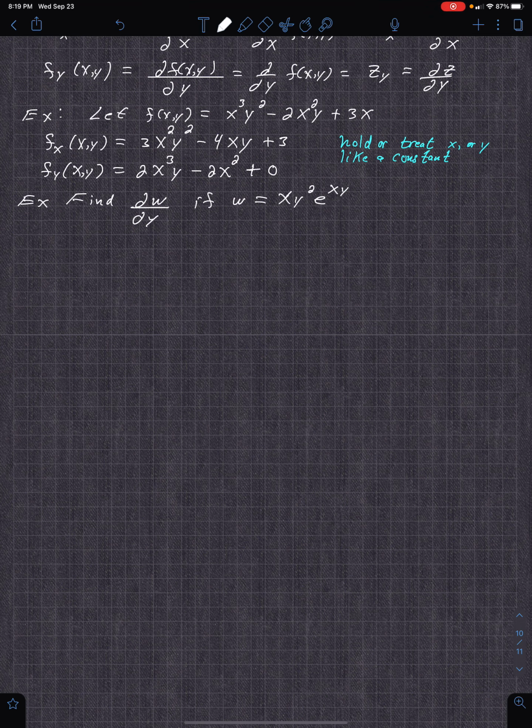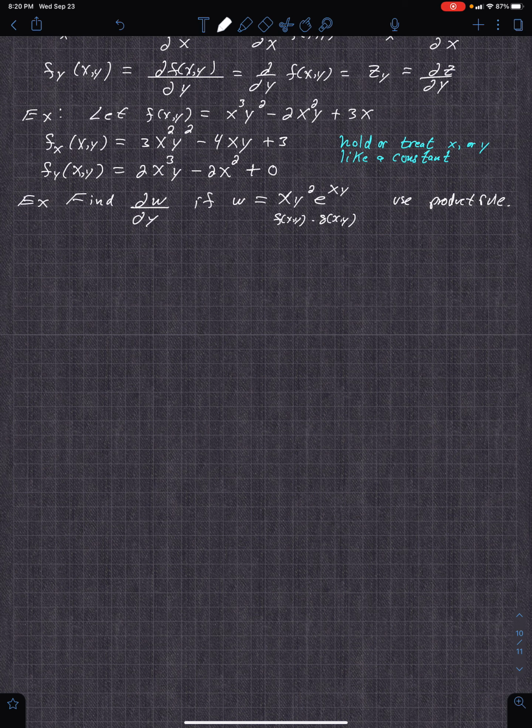Okay, now in this case, it's like having this as your f of x, y and this as your g of x, y. So if you have a product of those two functions, what must you use? Got to use a product rule. So you got to apply the product rule to that one when you do the partials.